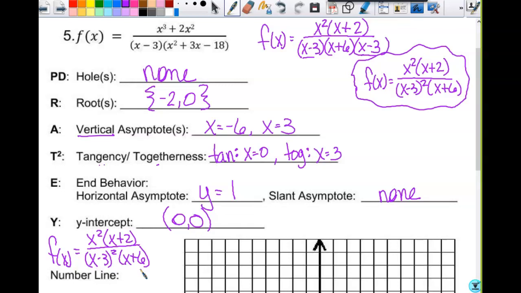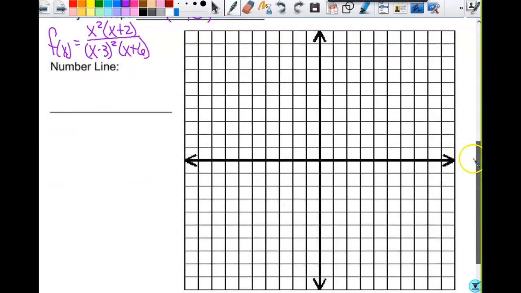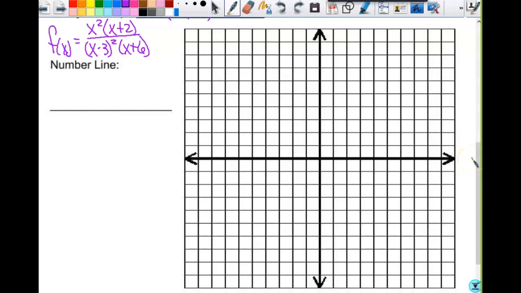All right, so now I'm going to scroll, and we're going to take care of our number line. So on here, I'm going to have 4 things: the negative 6, the negative 2, the 0, and the 3.